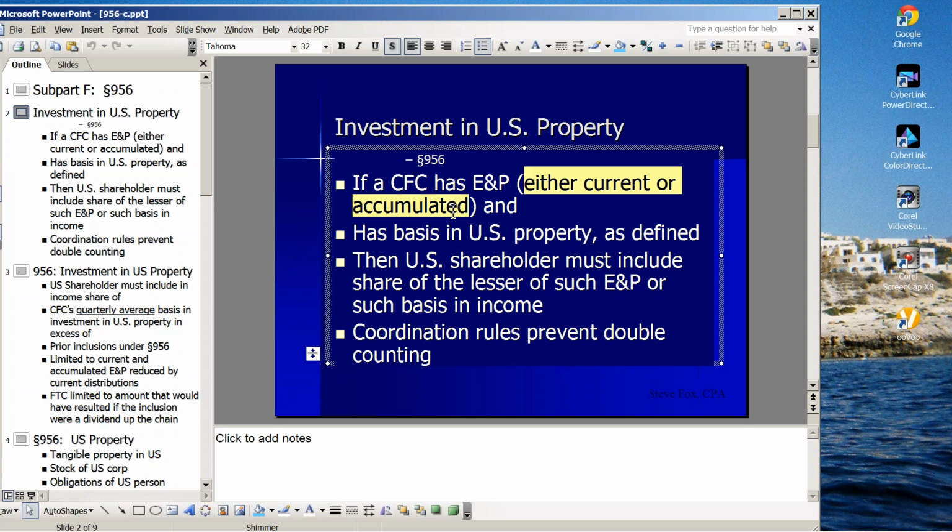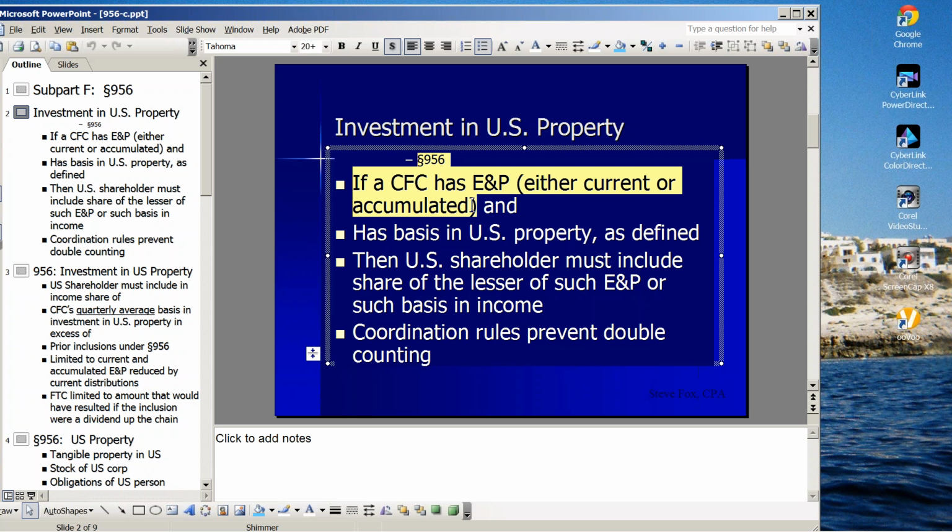That means if it has current year E&P and has a big, huge deficit in prior years, then we still have a dividend with any distribution. 956 works the same way. It's current or accumulated E&P. So the threshold for triggering 956 is exactly the same E&P threshold as it is for dividends.